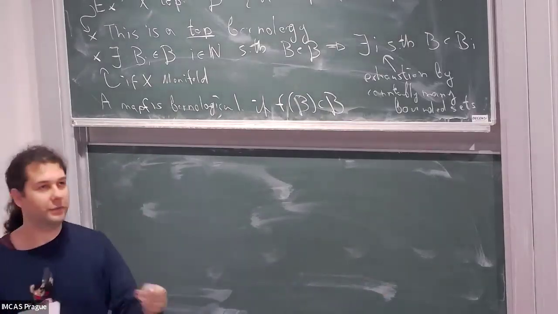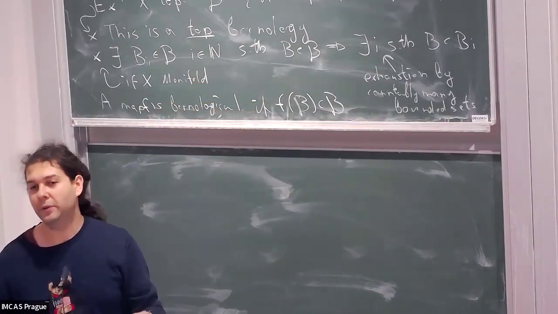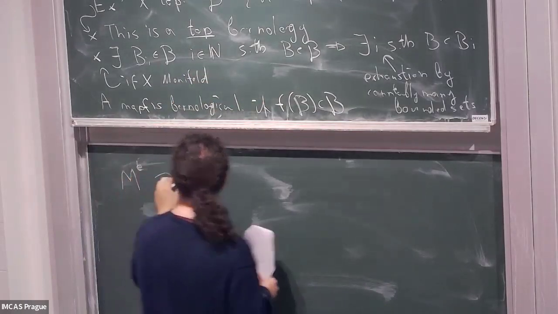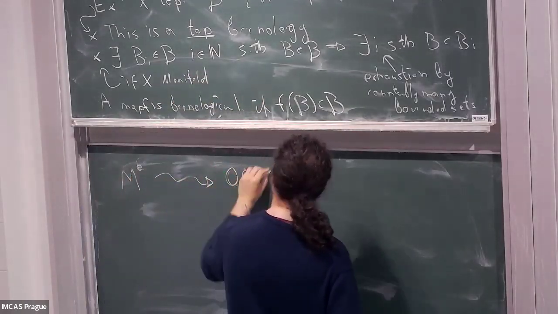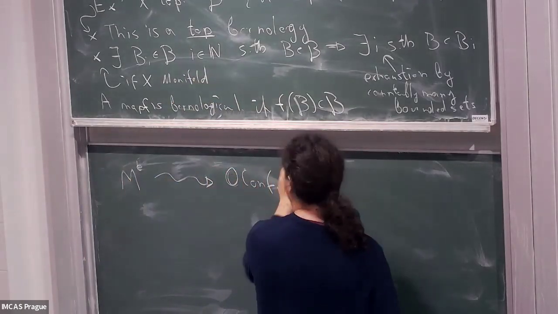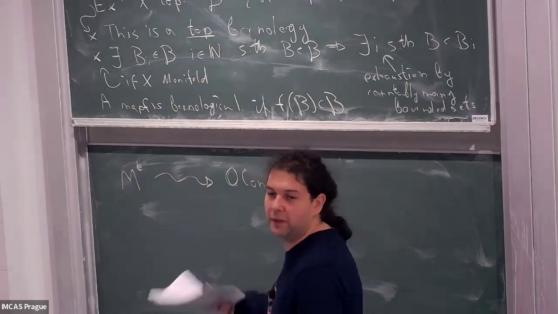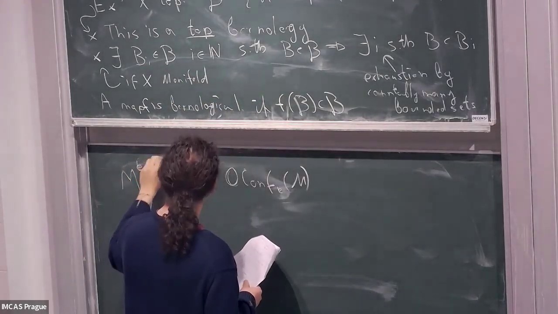But this is true not if we take the bornology of precompact sets, but if we take the induced bornology from M to the power of k. So we start with M to the power of k. We go to the ordered configuration space O_conf_k(M). We restrict: a subset of a bornological space has a natural bornology, basically the same bounded sets. So the subset bornology.